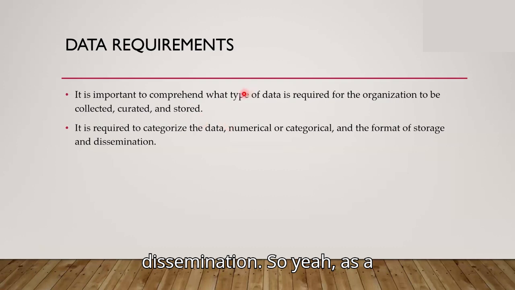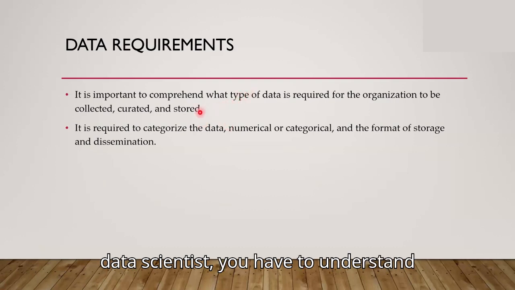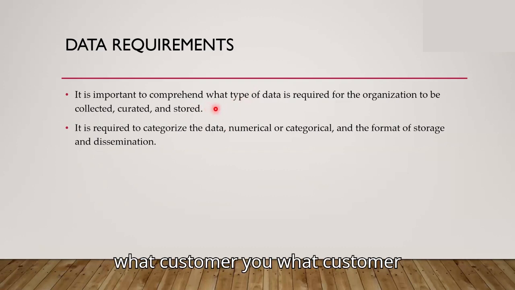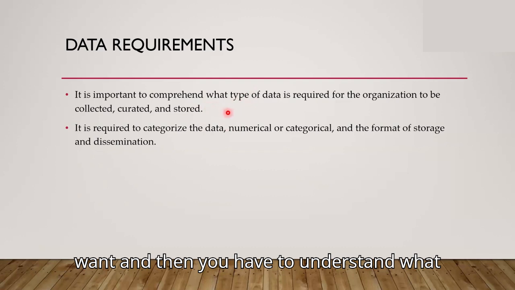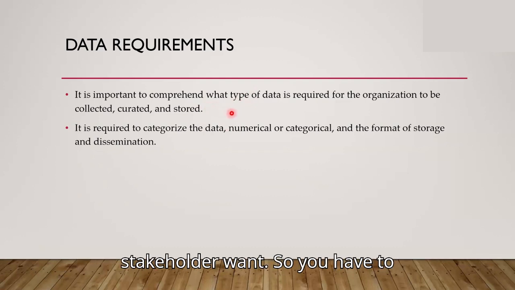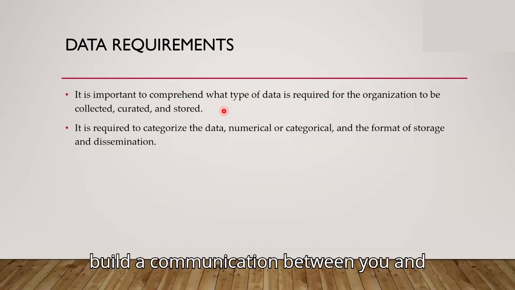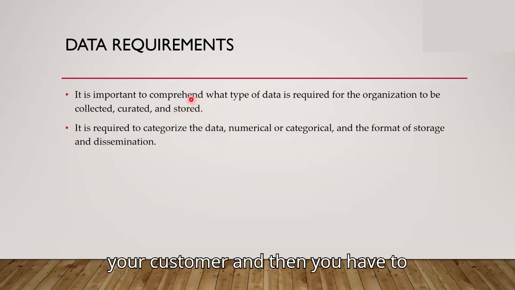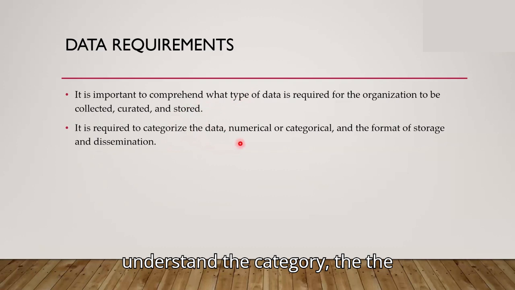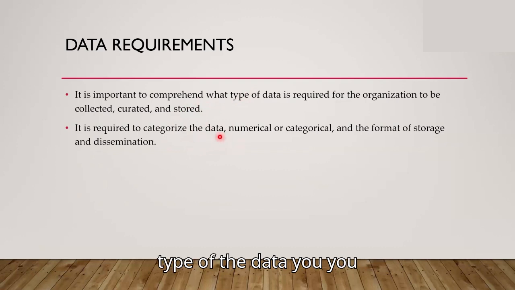So as a data scientist, you have to understand what the customer wants, and what the stakeholder wants. So you have to build communication between you and your customer, and then you have to understand the types of data you already studied in the first semester.